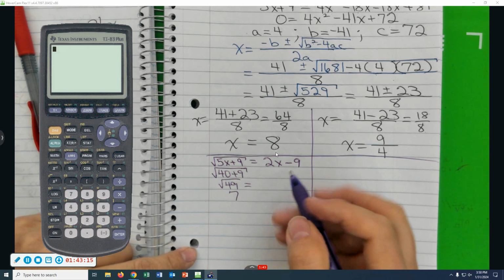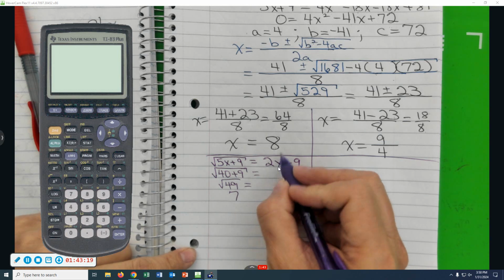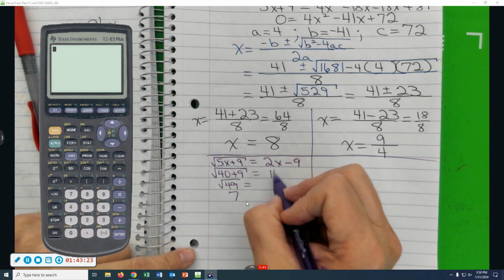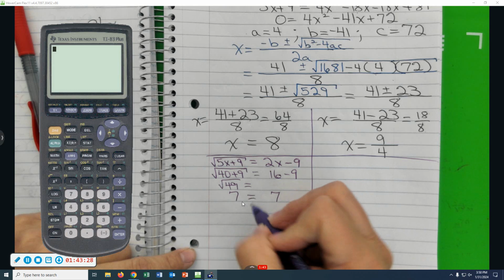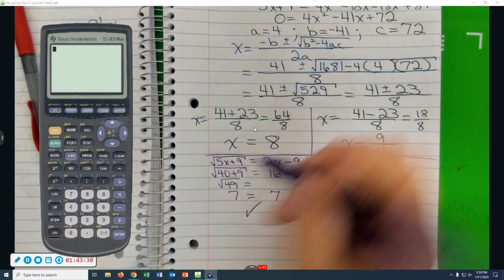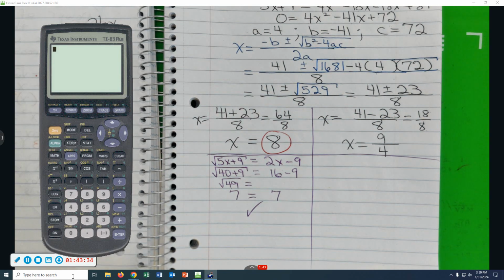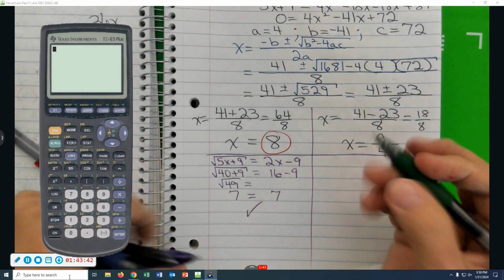Are we going to get a 7 over here? 2 times 8, we're plugging in 8, 2 times 8 is 16 minus 9 gives me 7. 7 equals 7, yes. So 8 checks. Now we've got to plug in 9/4.